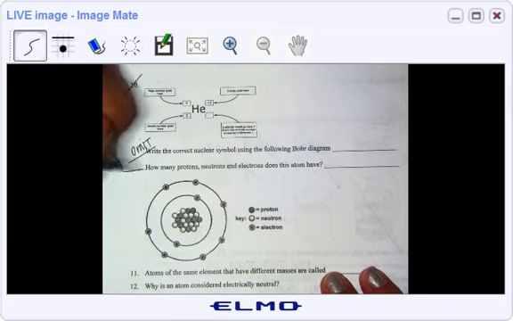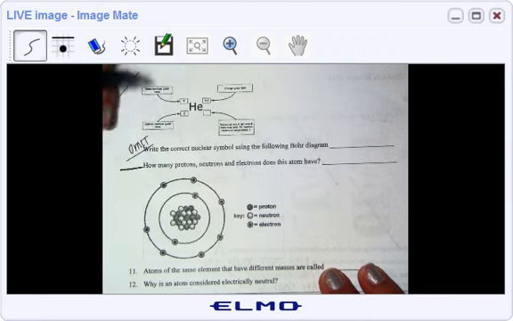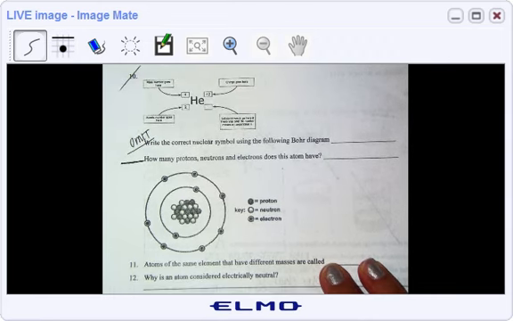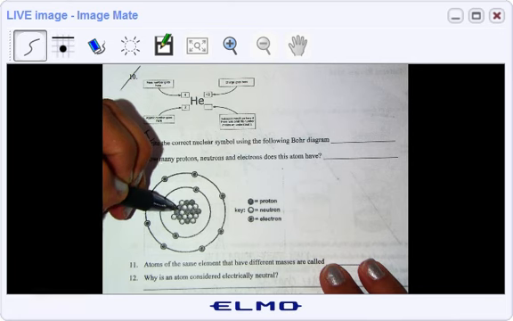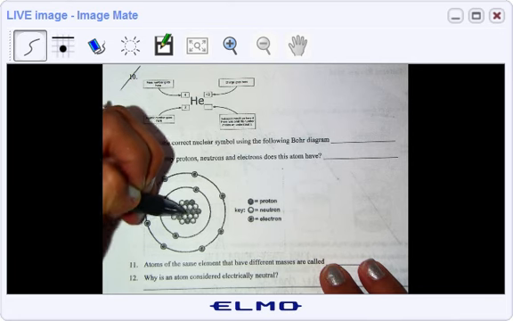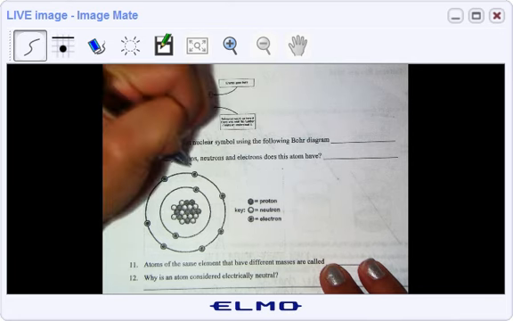I'm going to start right here where it says how many protons, neutrons, and electrons does this atom have? You're just looking at the diagram and counting the dots. So for protons, it's the dark solid circles, and they're in the center. 1, 2, 3, 4, 5, 6, 7, 8, 9.